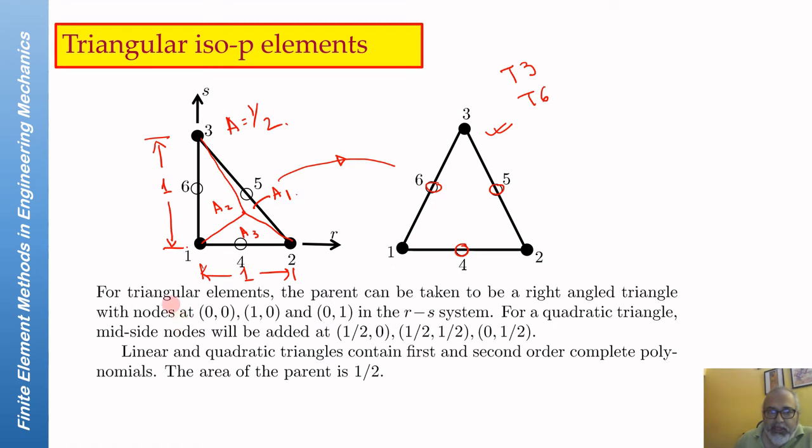Now if you see, when this point lies on the line 1, 2, A3 is equal to 0. So in the three-noded triangle T3 case, we had defined N3 to be equal to A3 by the total area of the triangle, which in this case is half. N2 we had defined as A2 by delta, and N1 we had defined as A1 by delta. This would come in very handy here.